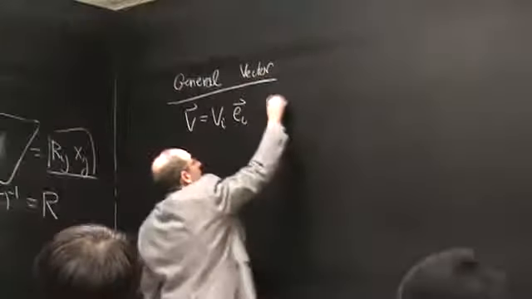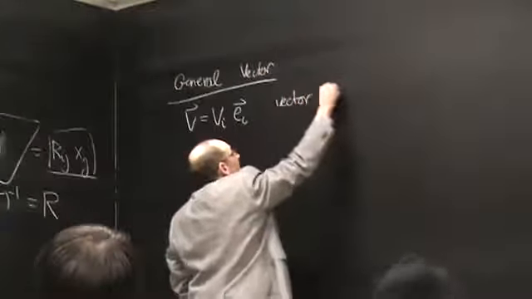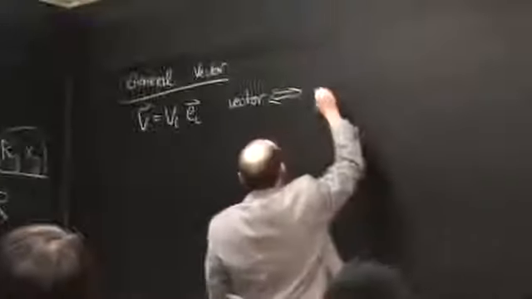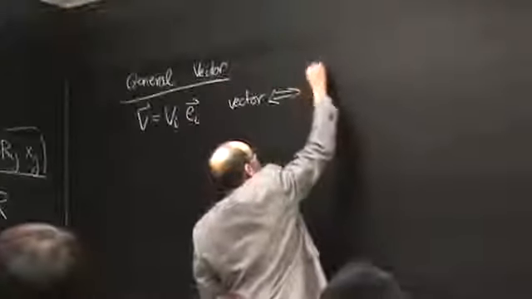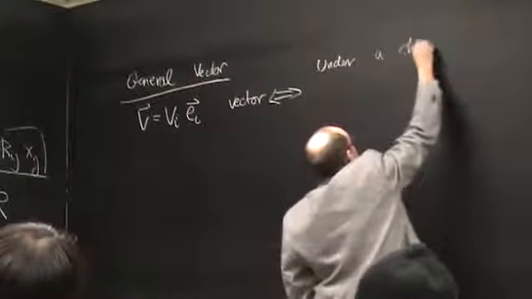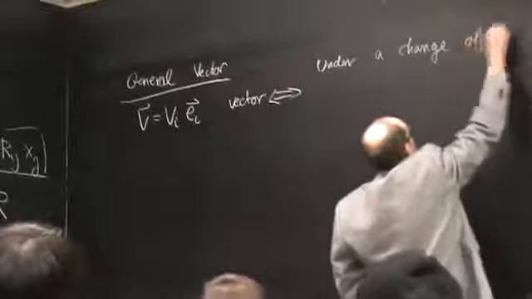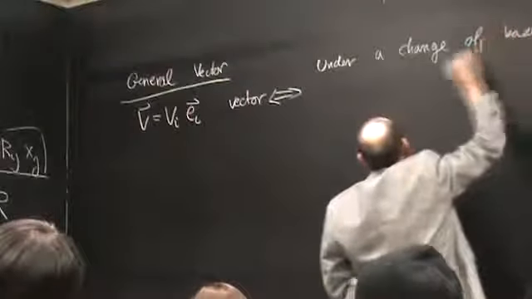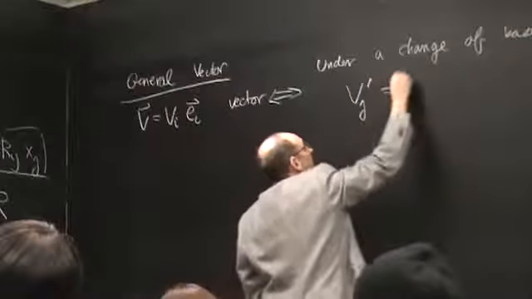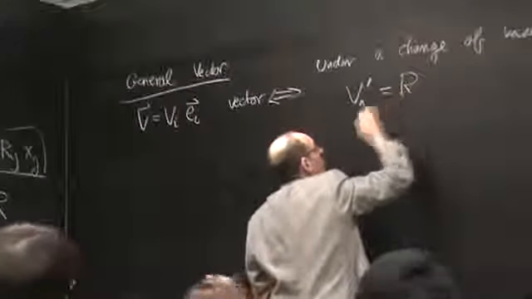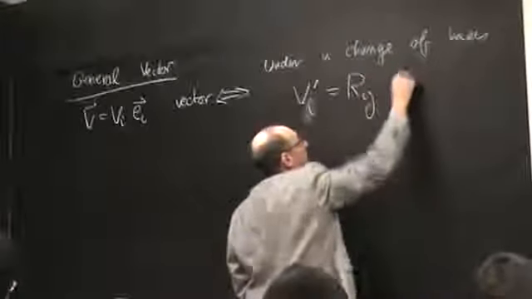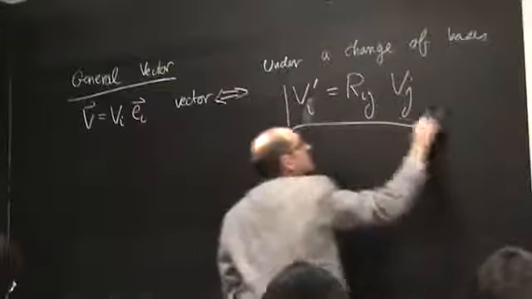And it is a vector if and only if I change the basis, the new coordinates of the vector are related to the old coordinates by the same transformation that we had for position.